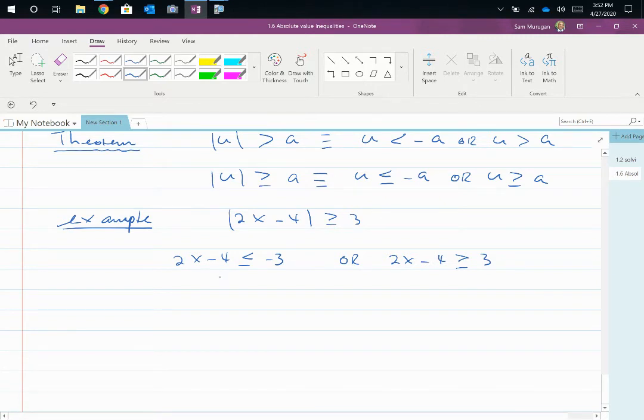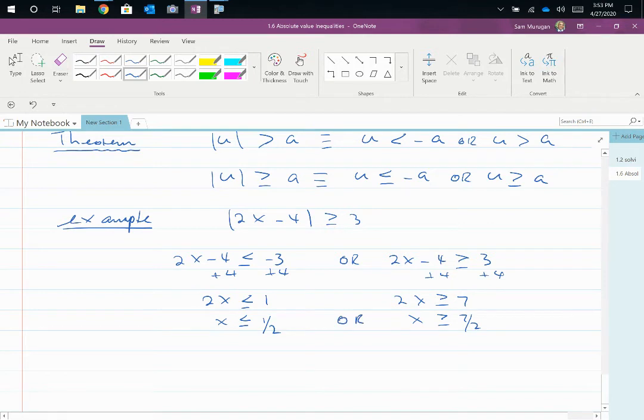Go through the process of solving here. We get 2x is less than or equal to 1, x is less than or equal to 1/2. Add 4. We get 2x is greater than or equal to 7. So x is greater than or equal to 7 over 2.